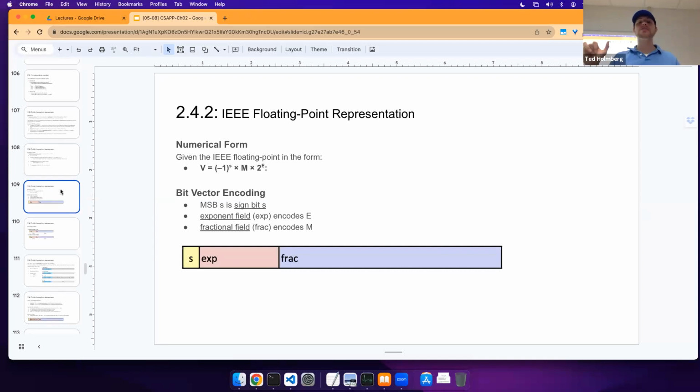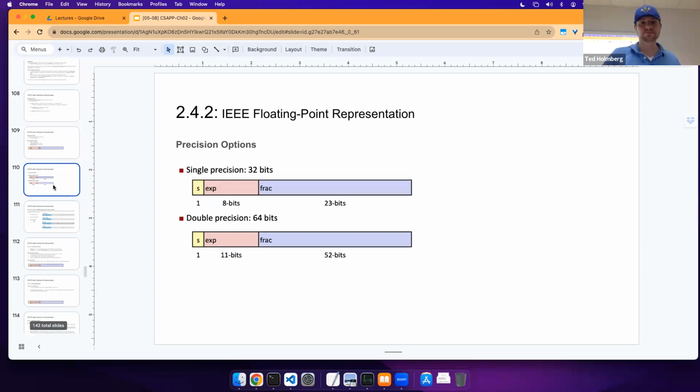Then some amount of our addressable space, our bit sequence, represents our exponent field. Notice it's going to be a smaller number of bits than our fractional field, which encodes our mantissa. If I take this formula, the values that each of these can have will map into this bit string, or bit vector.